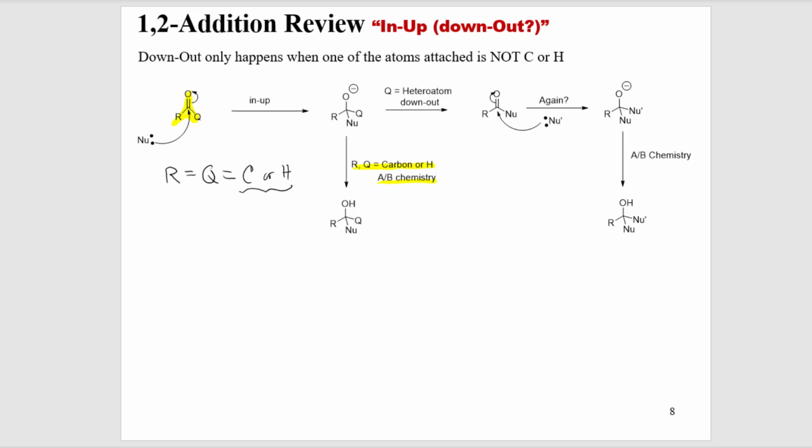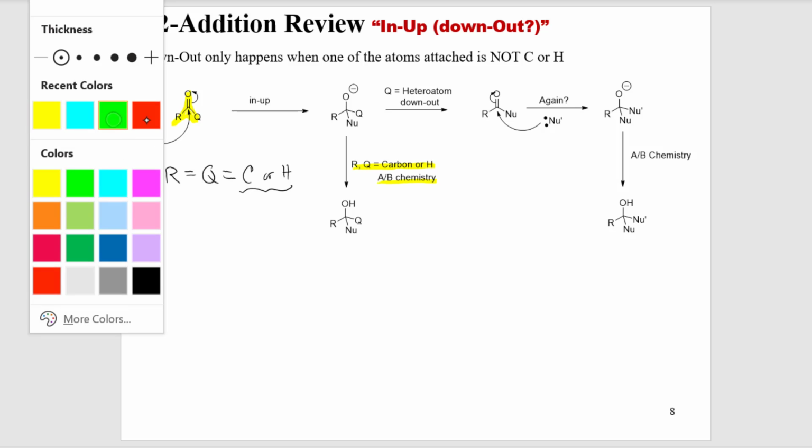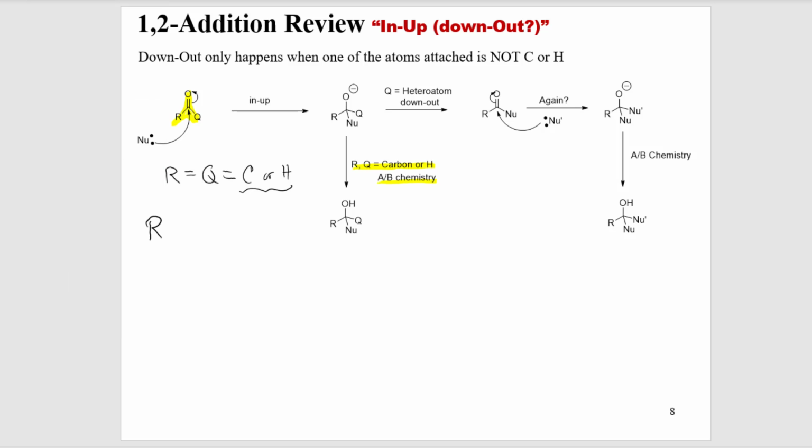The review chemistry for ketones and aldehydes has the nucleophile also being a carbon or a hydrogen. This is important. So R is a carbon or a hydrogen, Q is a carbon or a hydrogen, and the nucleophile is a carbon or a hydrogen.